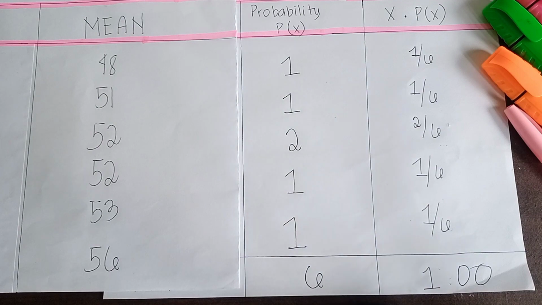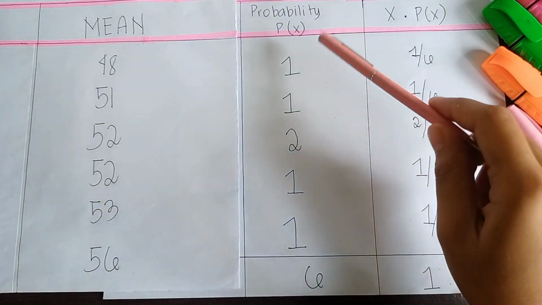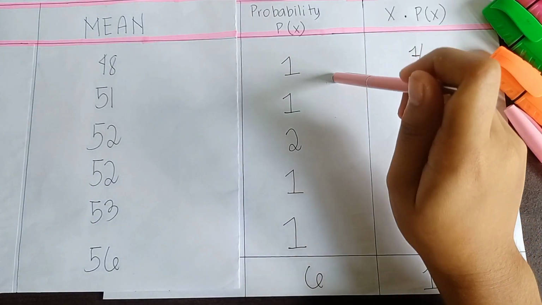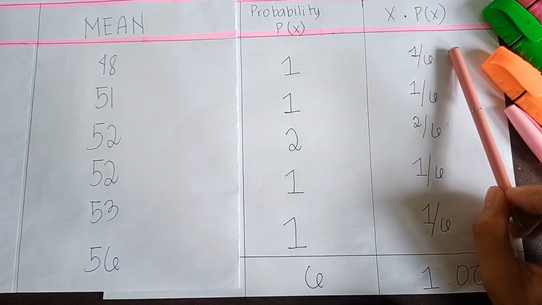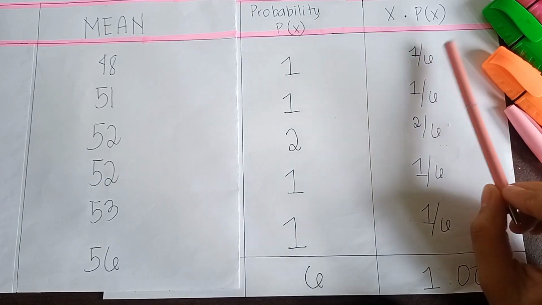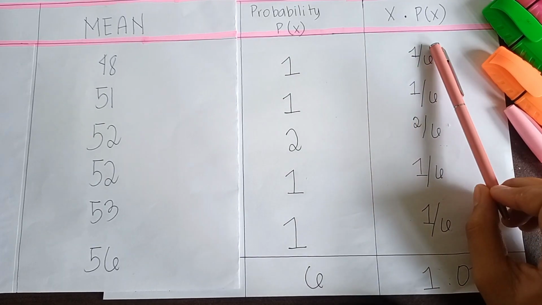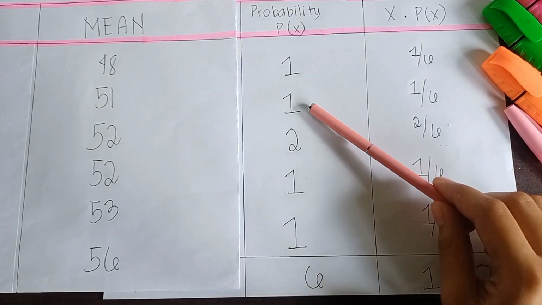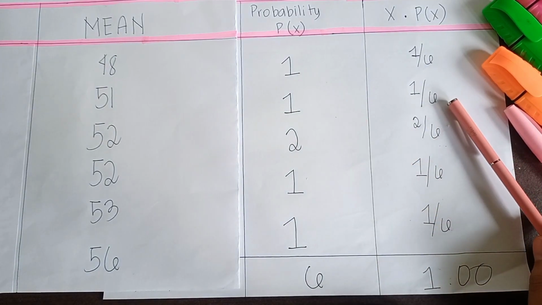We have only one 48 in our means. So what we are going to put in its frequency, or the second column, is 1. And in the probability, or the third column, is 1 over 6, or 1/6, since we have 6 possible samples. We only have one 51 in the sample mean, so the frequency is 1 and the probability is 1/6.